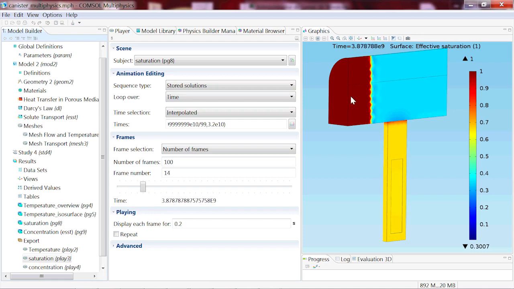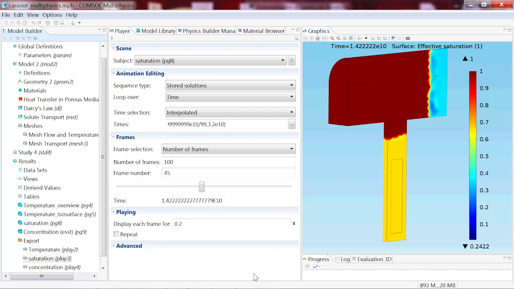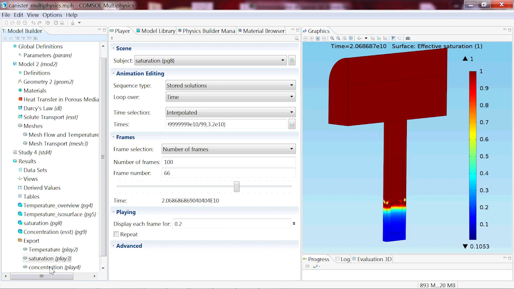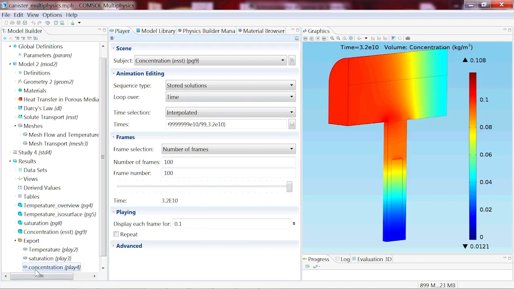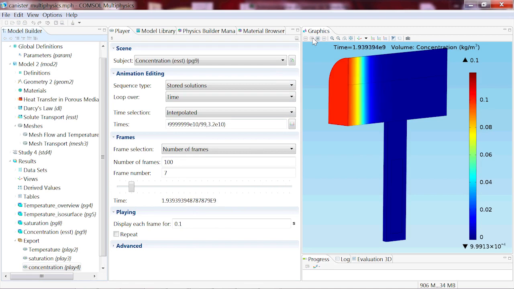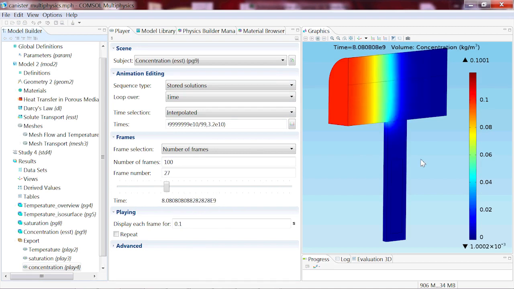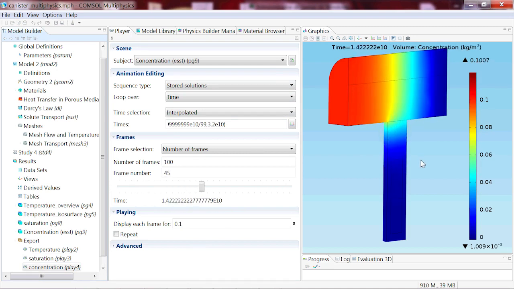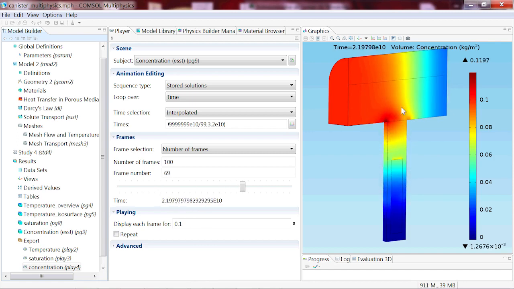As expected, the system gets saturated due to the incoming water through the fracture. And finally, the concentration evolution. Note that it follows the saturation front, but it's affected by diffusion also.